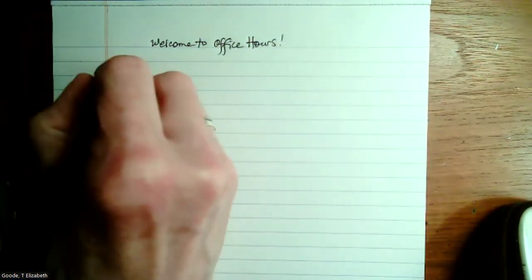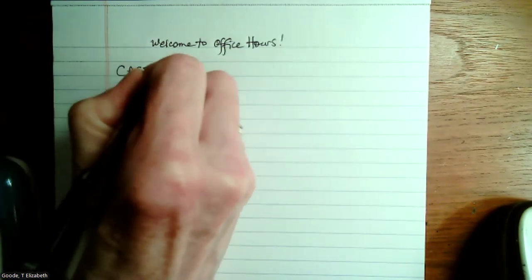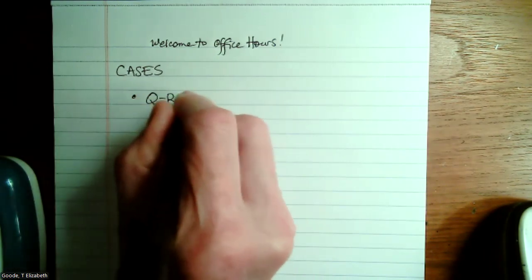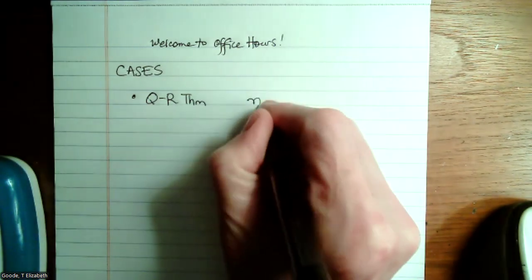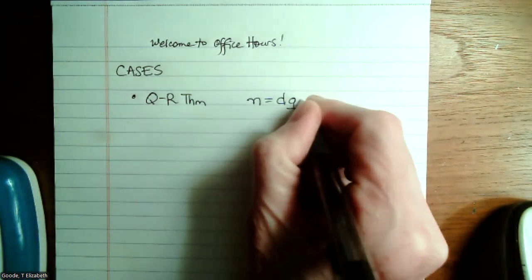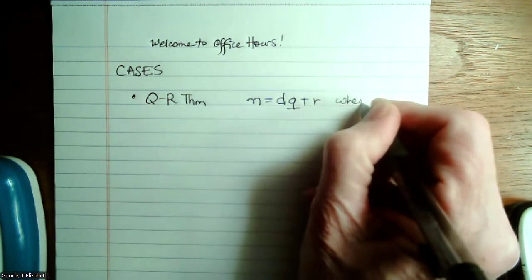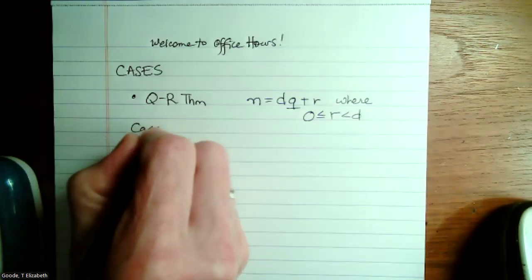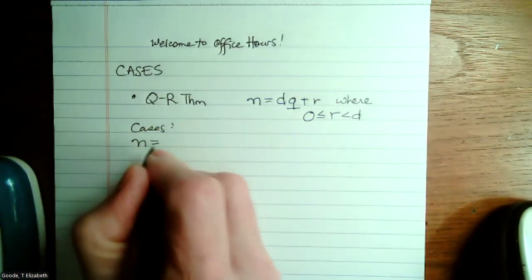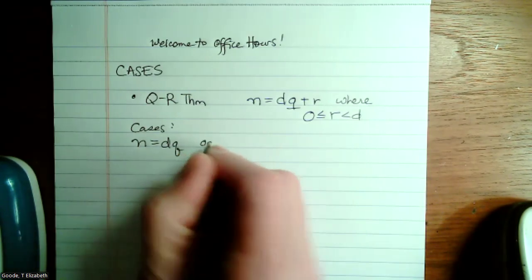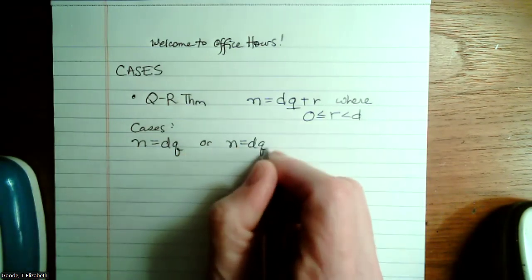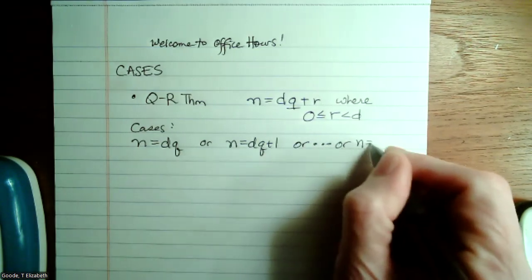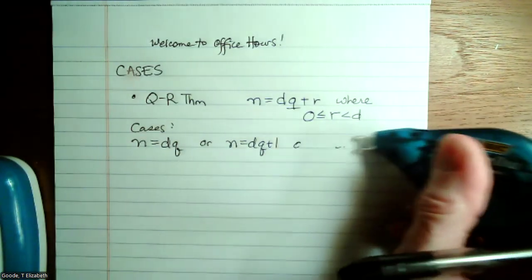All right, so cases. Yes, you mentioned the two main applications. If we have the quotient remainder theorem, and we know n equals some divisor times q plus r, where 0 is less than or equal to r is less than d, the cases turn out to be either n equals dq, or n equals dq plus 1, or keep on going, or n is equal to, well, what would that last case look like?